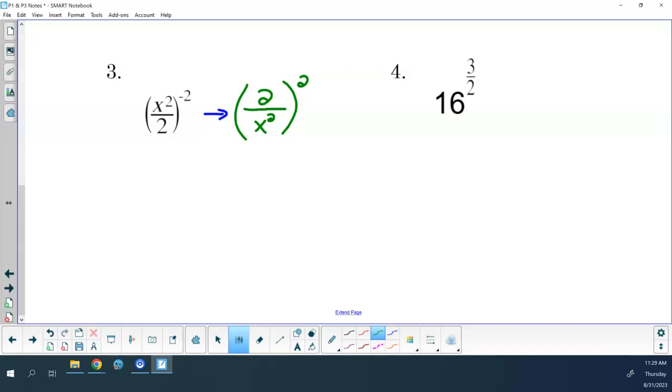So if you've got a fraction, you can reciprocate it, then that changes the positivity of the exponent. So now that would become 2 squared on top, which would be 4. X squared squared on the bottom would become x to the 4th.